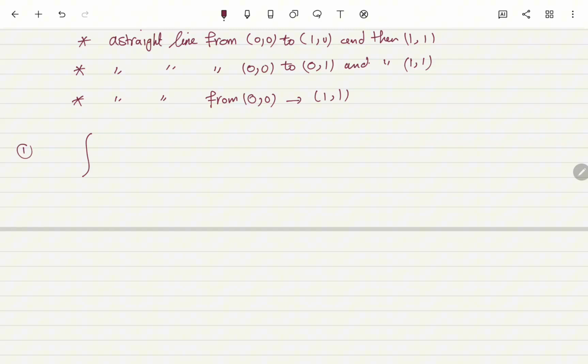The integration from 0 0 to 1 1 of xy plus y square times i dx plus j dy is equal to i integration from y equal to 0 to 1.